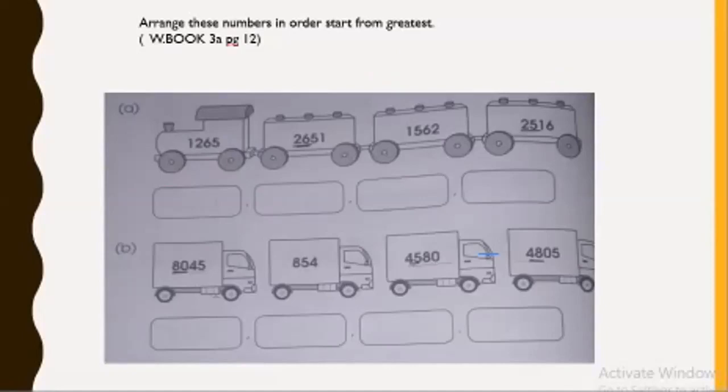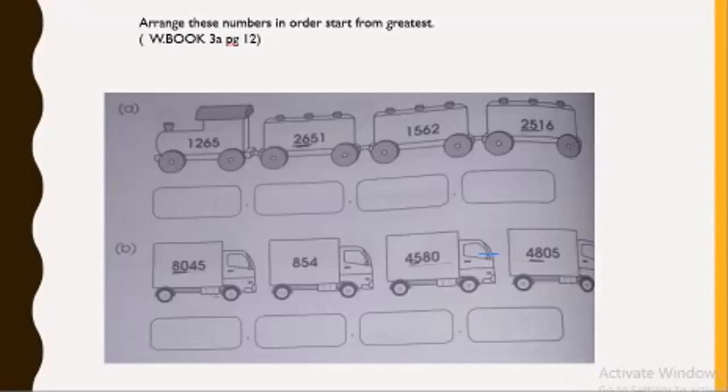And I will explain what the name of the process is when we arrange the numbers from greatest to smallest. Greatest to smallest means you are going to arrange the numbers in descending order. So try to understand the name as well and learn what descending means.